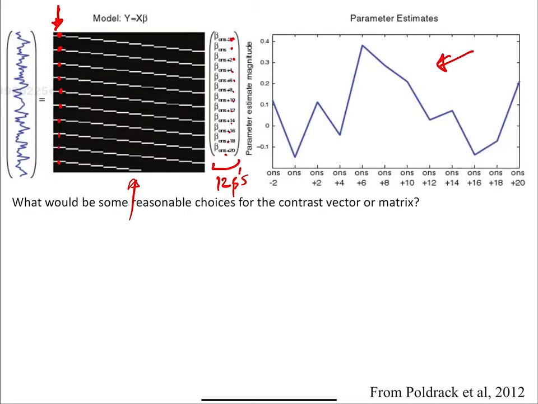So this is an example of the hemodynamic response function that you would measure if you solved using this design matrix. So go ahead, get into little groups, talk about it, and each come up with 1 or 2 or 3 options for what would be some interesting contrast vectors or matrices for this experiment. All right? So at least 3 groups will be picked. Okay.